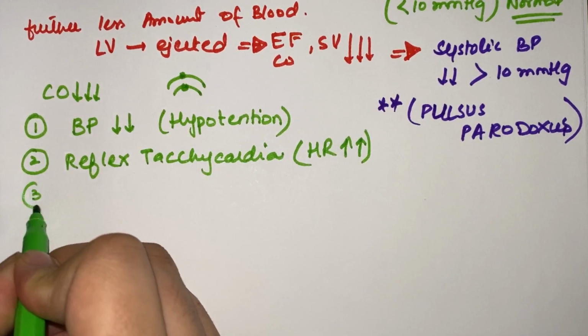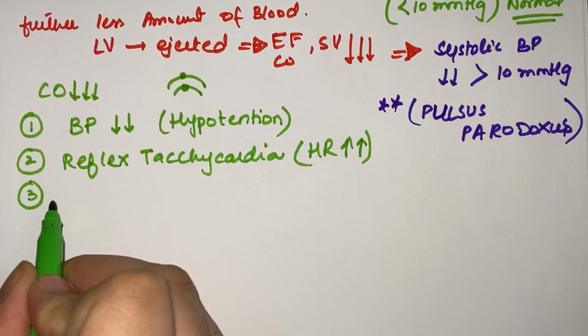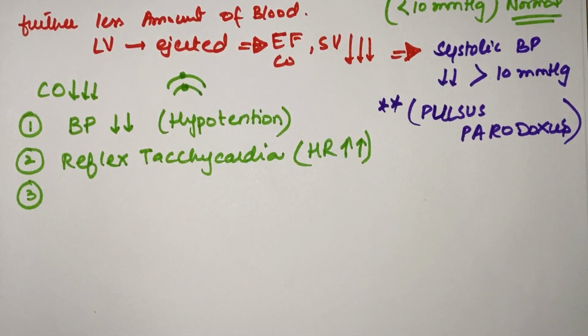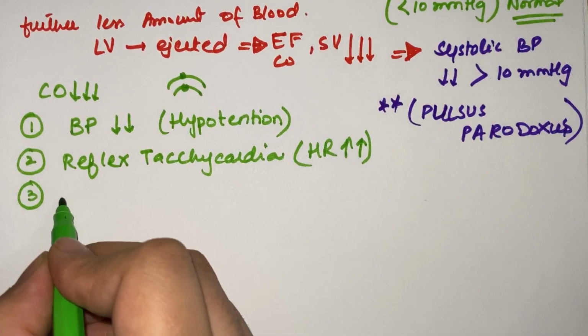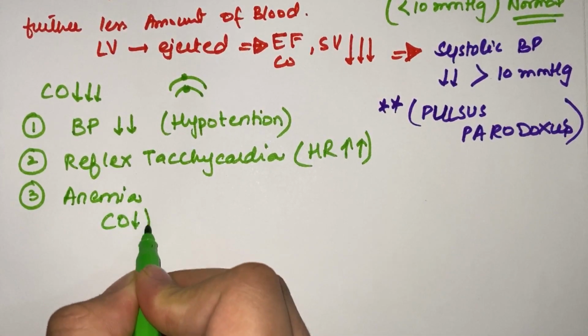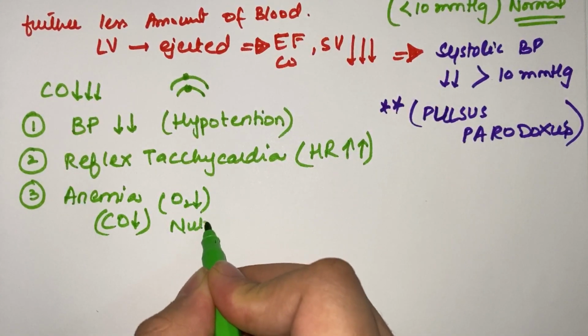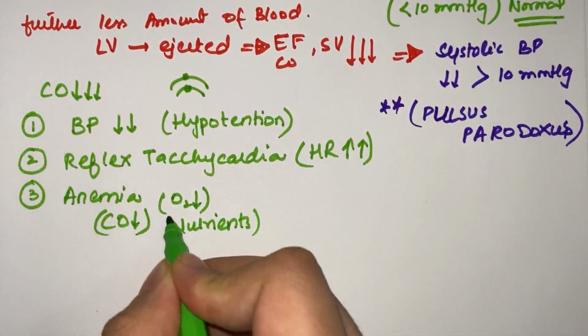Very good point. Third, now this decreased cardiac output, containing less oxygen, is supplied to the tissues of our body. So the tissues will of course present with signs of anemia or low cardiac output, low oxygen receiving or low nutrients receiving. Get all these points?